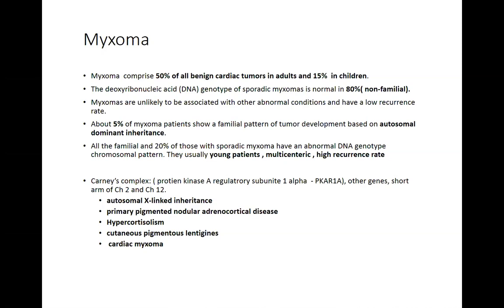This is an autosomal dominant inheritance. Usually people present with primary pigmented nodular adrenocortical disease, and due to that they present with hypercortisolism. They have cutaneous pigmented lentigines, and they present with cardiac myxoma. So cardiac myxoma is a part of Carney's complex.